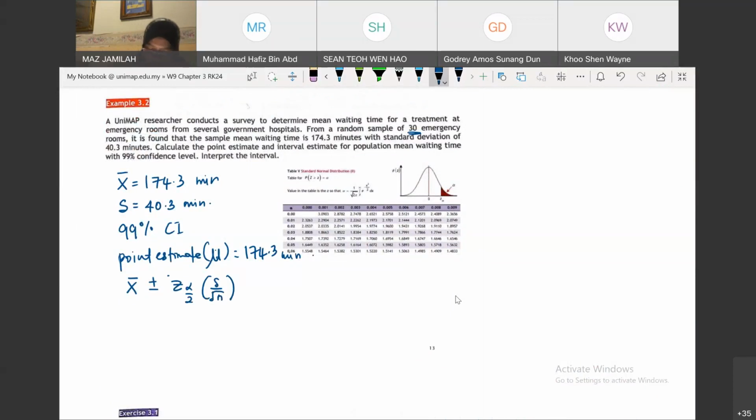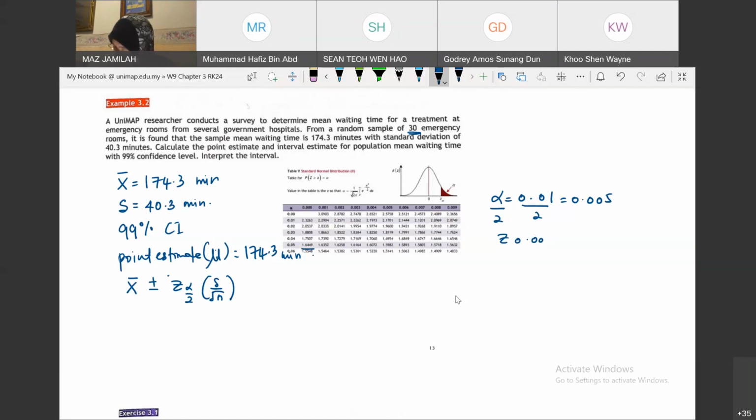So for alpha equal to 0.01, divided by 2, it will be 0.005, right? Sometimes 1%.